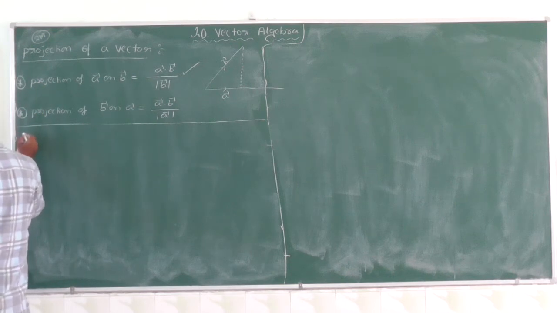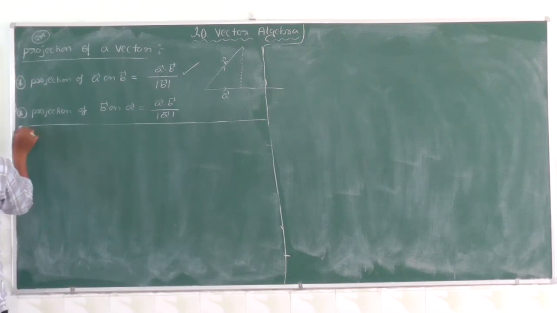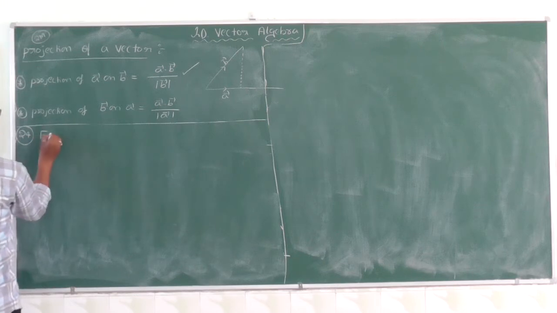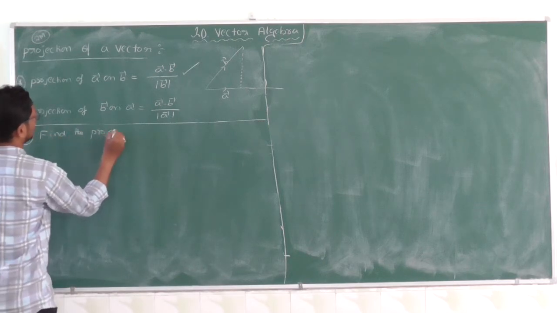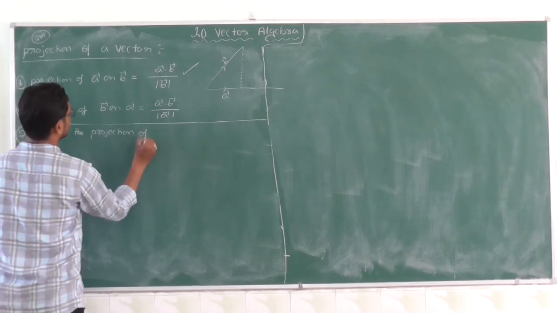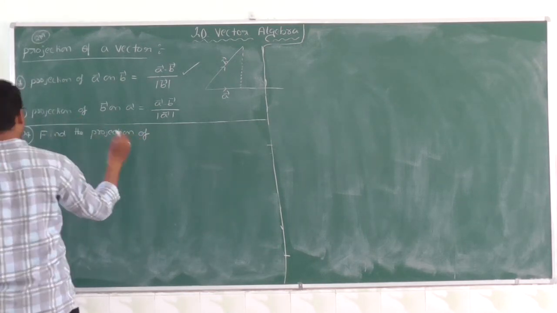Now write down the problems based on the projection of a vector. I think this is question number 24.